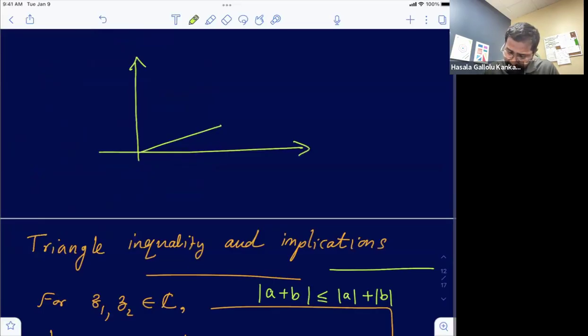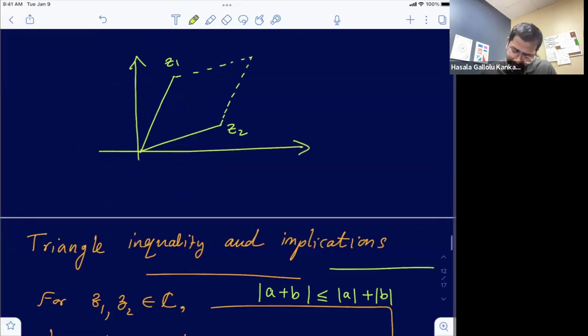If you consider Z2 here and Z1, and then when you consider the summation, that will be directed by this. Now think about this. When you consider a triangle, and this is the summation of the complex numbers, Z1 plus Z2.